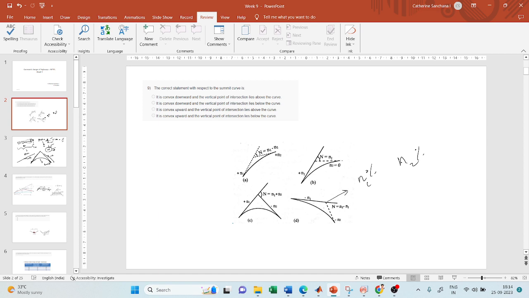In such a case, there is a general definition to define a summit curve. You have to find out the algebraic difference between the two grades. What do I mean by algebraic difference?